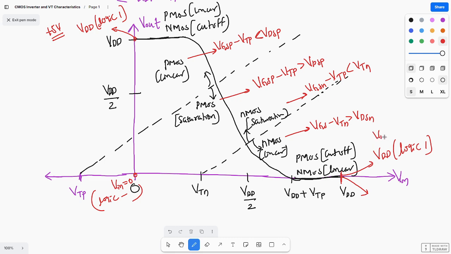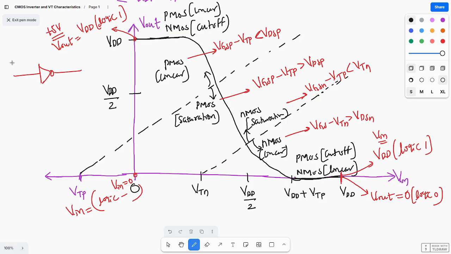This is input voltage, and in the x-axis this is output voltage. The output voltage you are getting is 0, which is logic 0. So from these characteristics, it is satisfying the characteristics of an inverter. So what is the inverter?